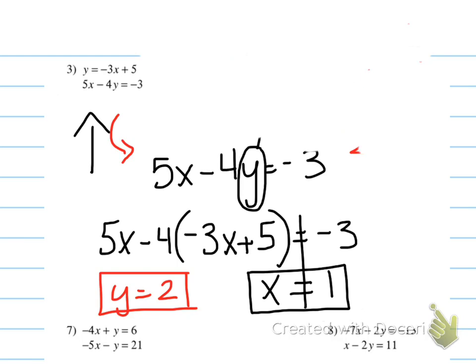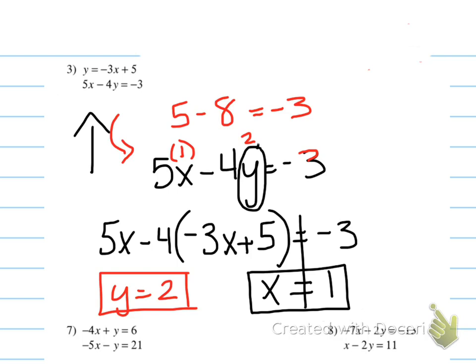So if we come here and we just clear our space a little bit, we can actually check step that. And I'm going to do that because this is more of a process kind of a video. If we knew that the x value was 1, and we think that the y value is 2, then that all has to be equal to negative 3. Let's do the math. 5 times 1 is 5, minus 4 times 2 is 8, and that's supposed to be equal to negative 3.